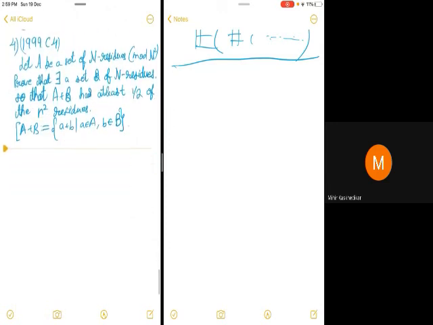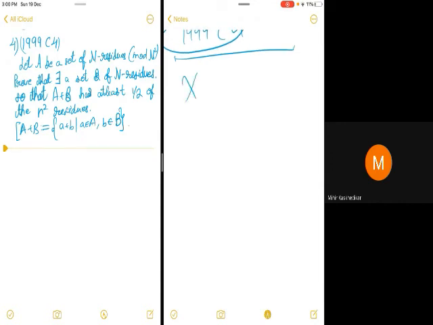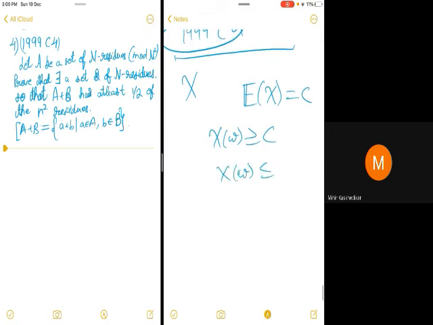So let's just try 1999 C4. This uses another concept also, which is that suppose we have a random variable X, and the expected value of X, we know it is some c. Then for some outcome omega, X will take a value that is more than c, and X will also take a value that is less than c.